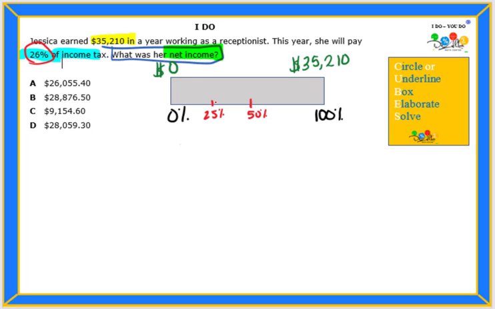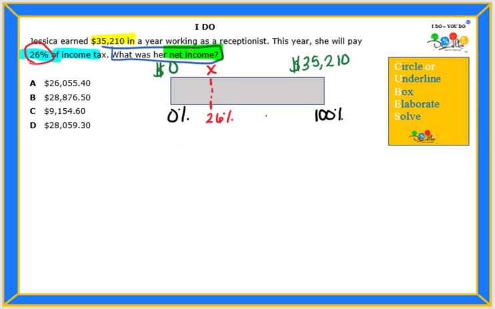So that would be very close right here to the 25% mark. So we'll go ahead and mark that there, what we want. And we're going to mark it because we're trying to find the corresponding dollar amount for 26%, so that we can set up our proportion.